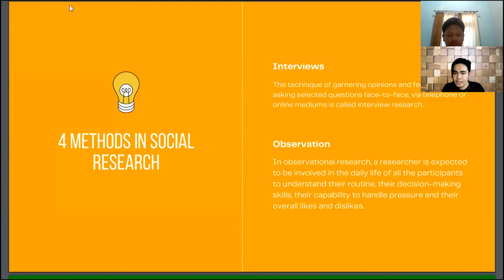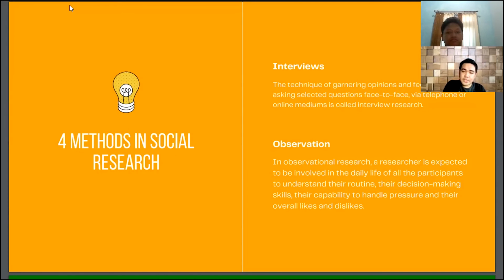There are formal and informal interviews. Formal interviews are the ones which are organized by the researcher with structure, open-ended and close-ended questions, and format, while informal interviews are the ones which are more of a conversation with the participant and are extremely flexible to collect as much information as possible. The last one is observation.